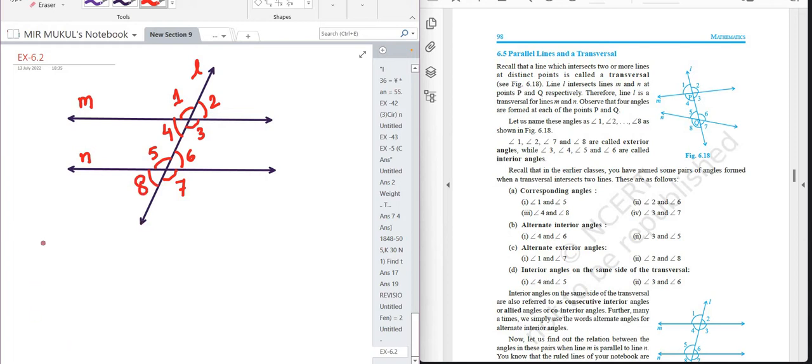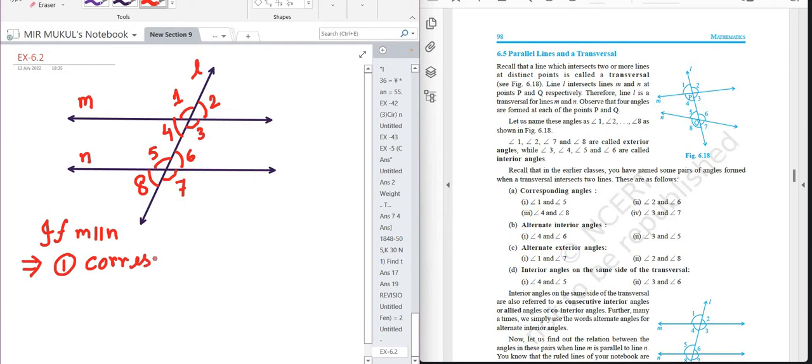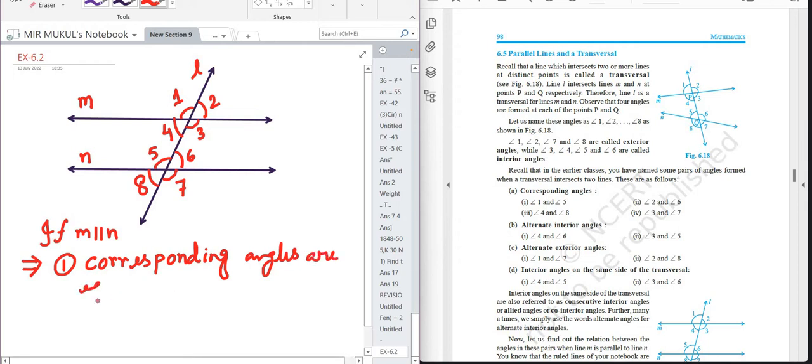Now if M parallel to N, then what things we get? Then we get number 1, corresponding angles are equal.